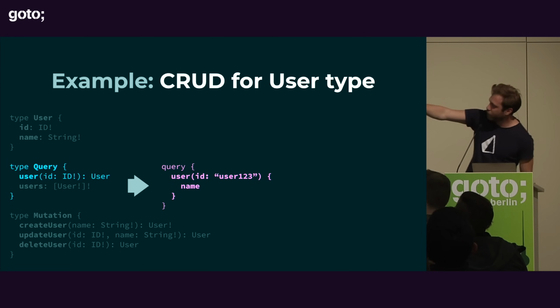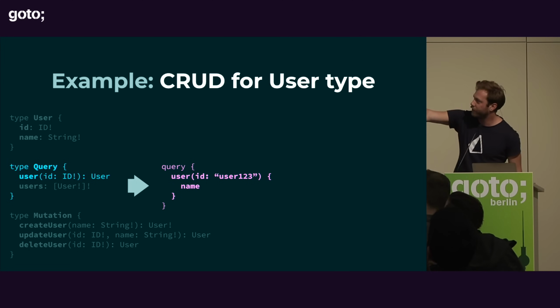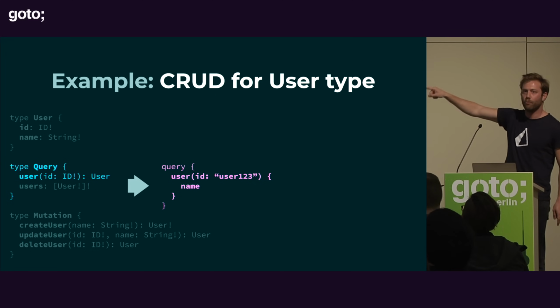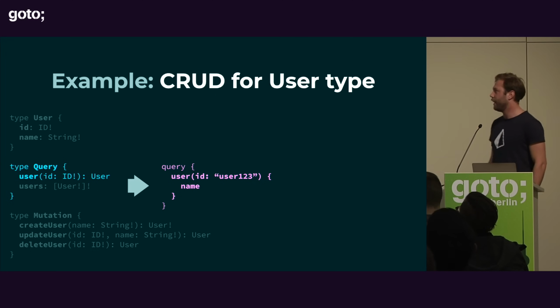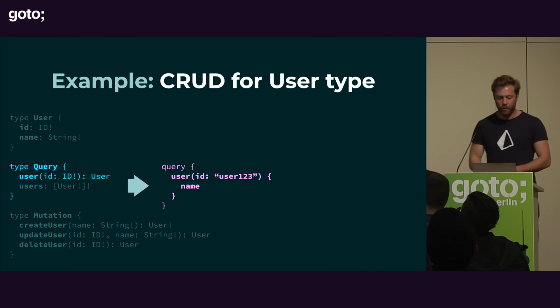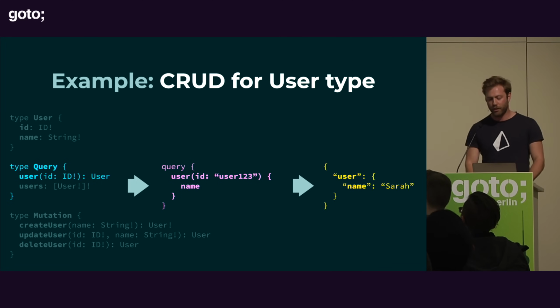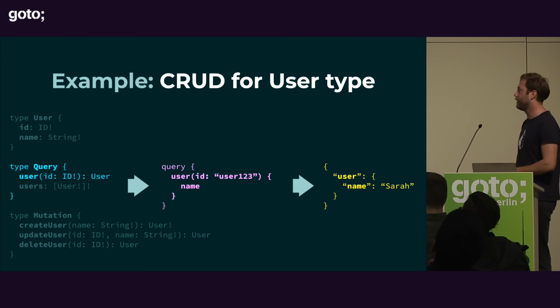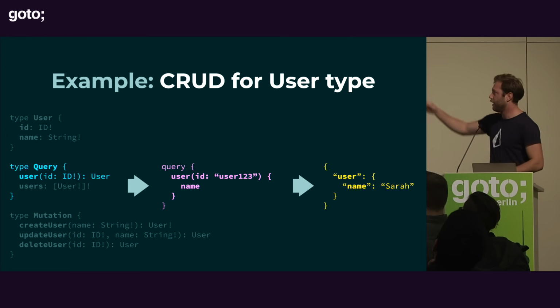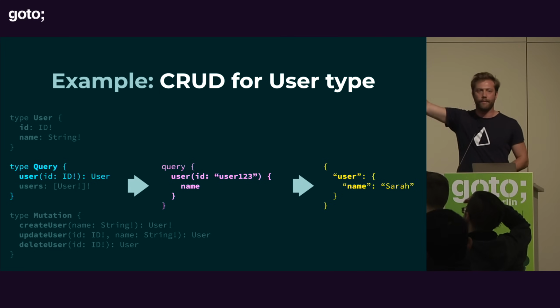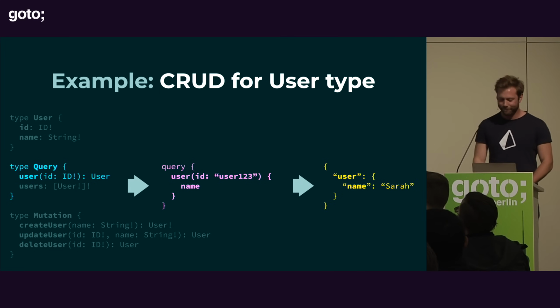But because the return type of the user field on query is itself user, I can now nest more fields inside the query. In this case, I'm just interested in the name of the user with that particular ID, and the server, again, might respond with some data that looks like this. So this, again, is the same shape as the query. The JSON object looks the same as the GraphQL query that was submitted.